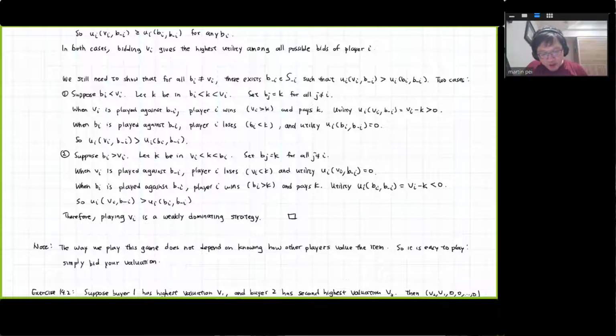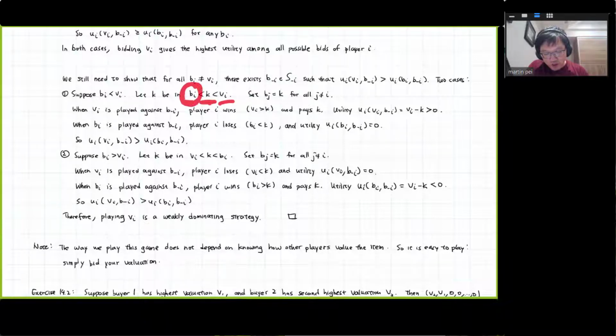So if all the other players bid K, we have to compare the utility of playing VI versus playing BI, which is less than VI. All the other players bid K, which is between BI and VI.